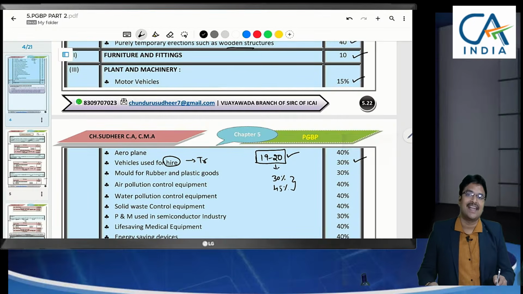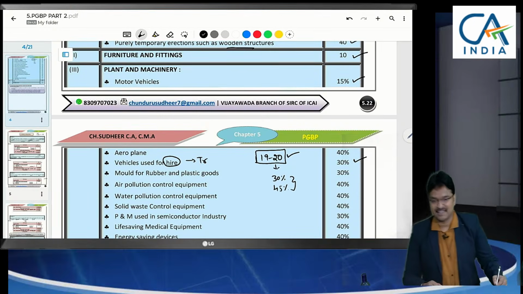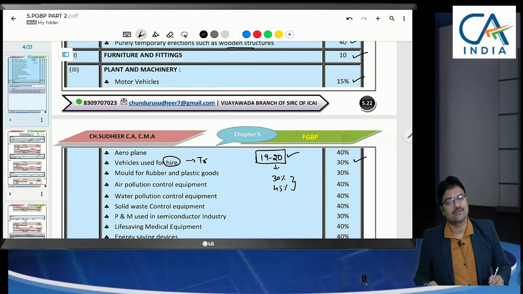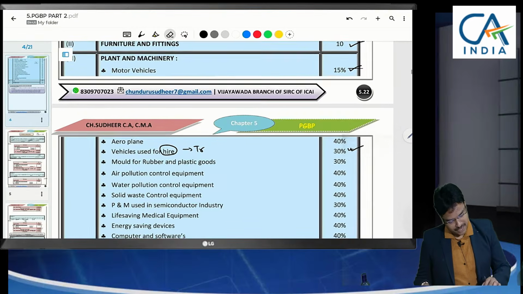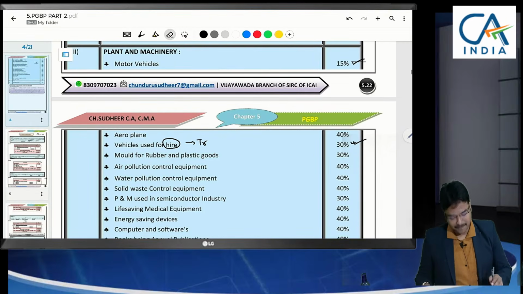So, these additional depreciation rates were given at that time, but now there is no such aspect. Now, we are claiming only 15%, and 30% in case of hire business. If an asset was purchased during that time and still continues, there you can claim 30 and 45%. But that block is not there now. Now, for all new motor vehicles purchased, only 15% is eligible.